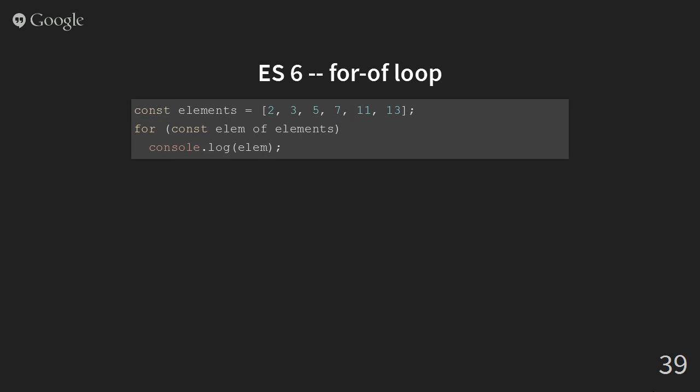So ECMAScript 6 introduces a uniform way of iterating over collections in the very broad sense, which is the for-of loop. Here the elm variable will in turn contain not the indices of the array, but the elements of the array.